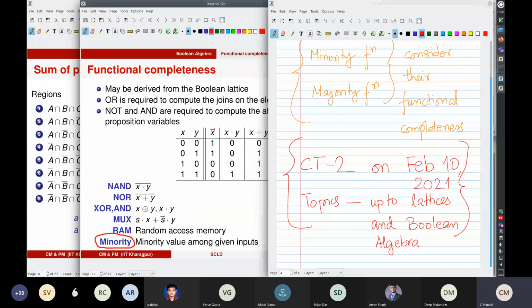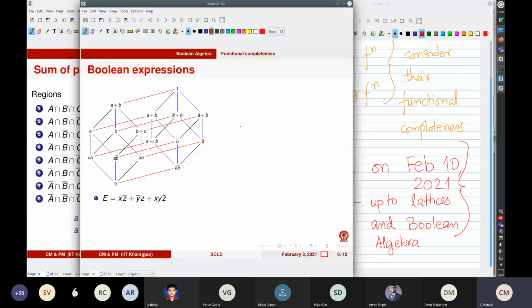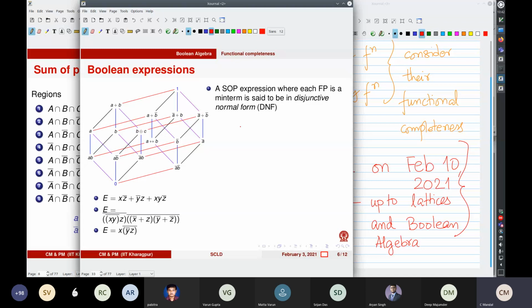This is your exercise on minority and majority functions. These are various Boolean expressions; I've just given examples.